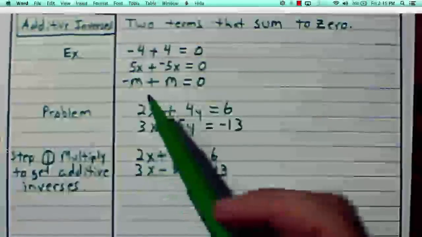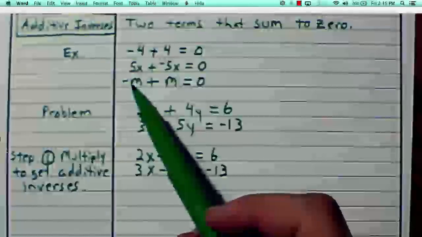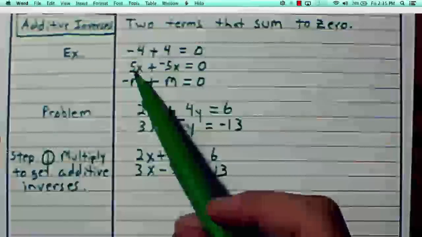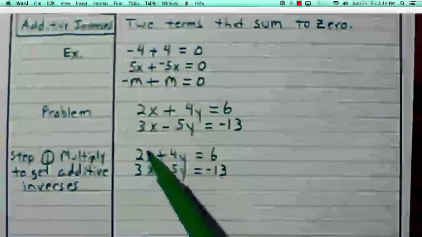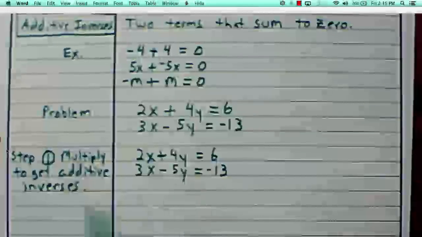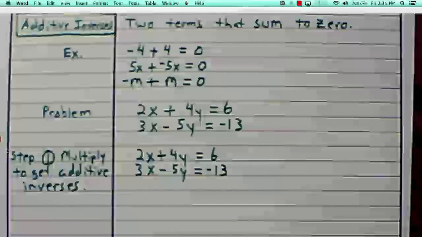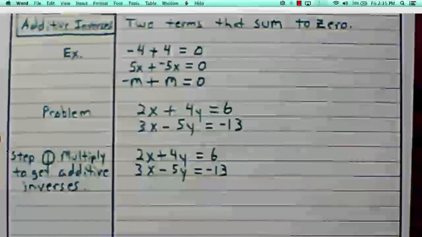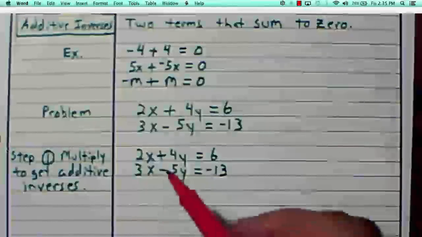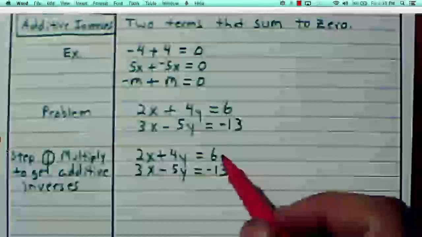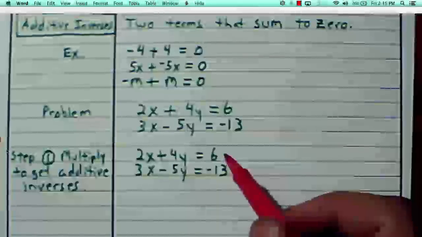It would be nice if we could get this situation where we had a -m and a positive m, or a 5x and a -5x. Well, we don't currently have that, but what we can do is multiply. We can multiply by something, one constant term on both the left and the right of either one of the individual equations.